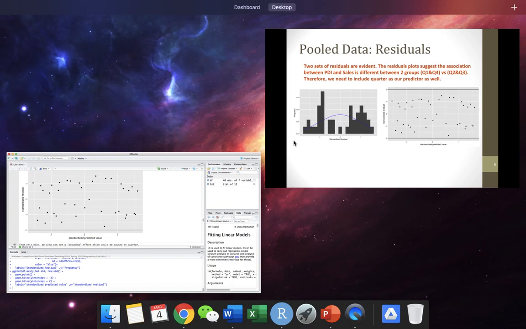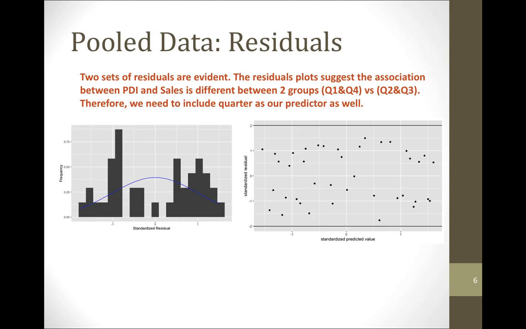Okay. So two sets of residuals are evident, and the residual plots suggest the association between the PDI and cells is different between two groups, Q1 and Q4 versus Q2 and Q3. So therefore, we need to include quarter as our predictor as well.